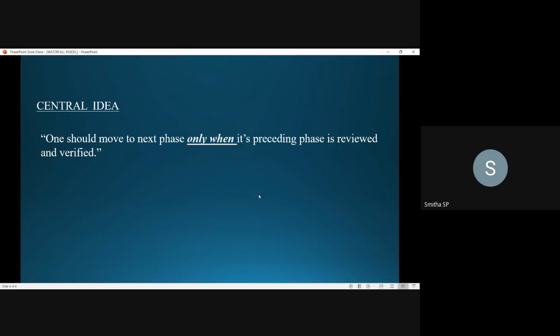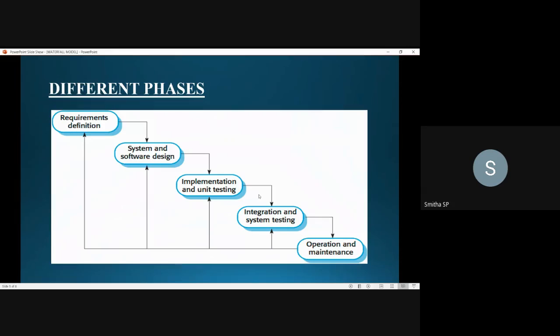Now, let's look into the different phases of the waterfall model. The waterfall model has five different phases. The principal stages directly reflect the fundamental development activities.